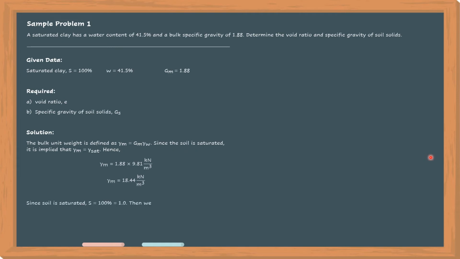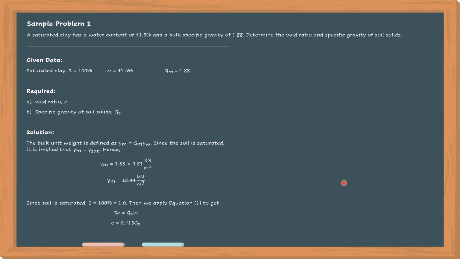Next, since soil is saturated, so as we have mentioned, S is equal to 100% or 1.0, then we apply equation x dot x to get, I'm not sure kung ano yung equation x dot x, but that equation is S times E is equal to G sub S times W. Okay, so that is equation x dot x.